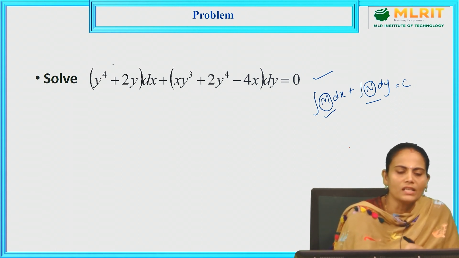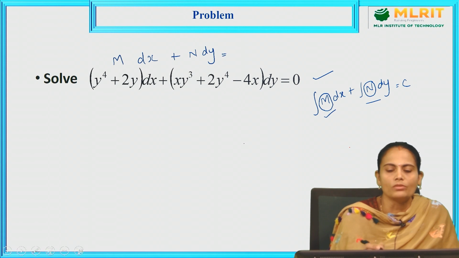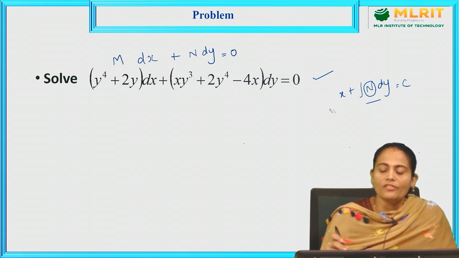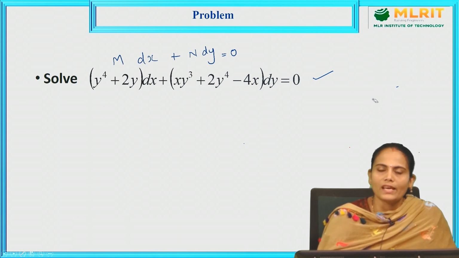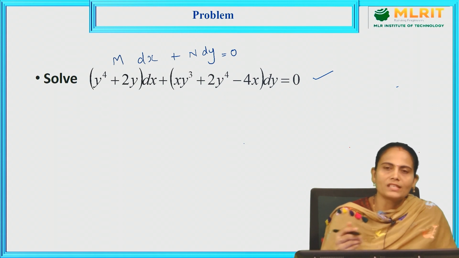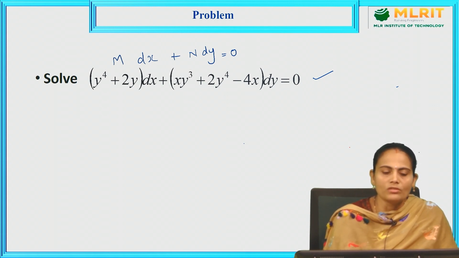Clearly this differential equation is of the form M dx plus N dy is equal to 0. Now we have to verify whether this differential equation is exact or non-exact. First let us take what the M function and the N function are.